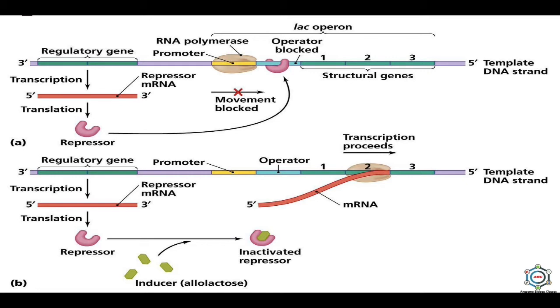The mechanism is that the few molecules of beta-galactosidase in the cell before induction convert the lactose to allolactose, which then turns on the transcription of these three genes in the lac operon. Then allolactose is an inducer.